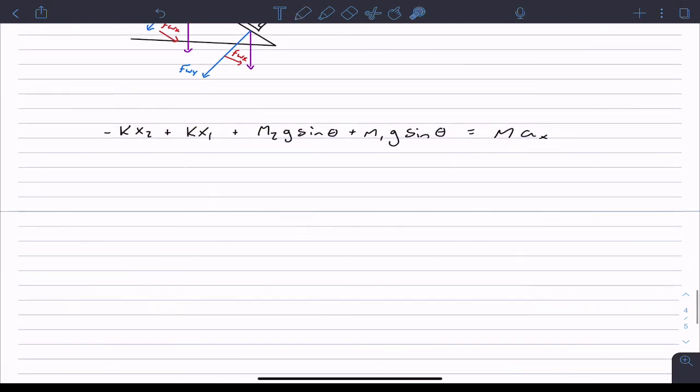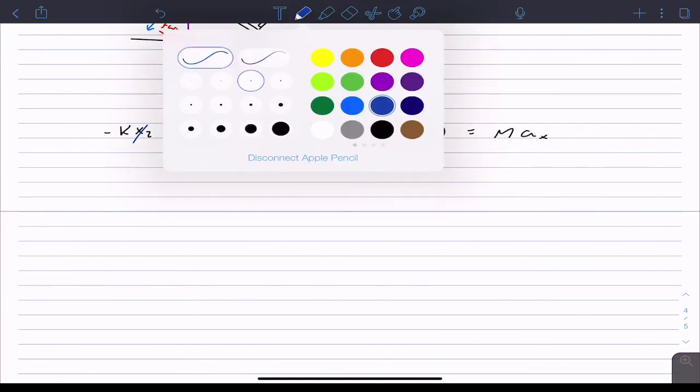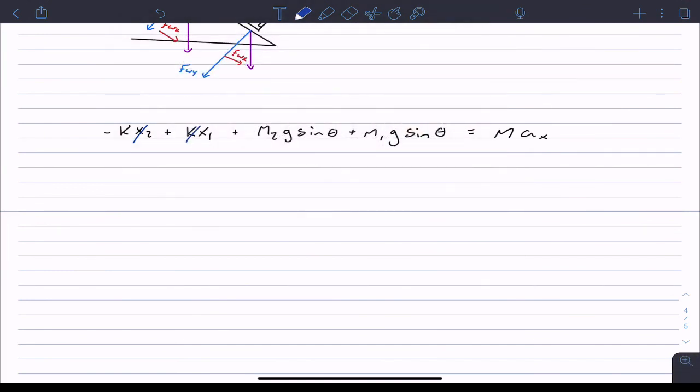If in our initial setup our displacements were the same, then these would just cancel out, right? Because we just have these forces going in opposite directions that are equal, and those would go away if they are in fact equal displacements. But now we're left with what?